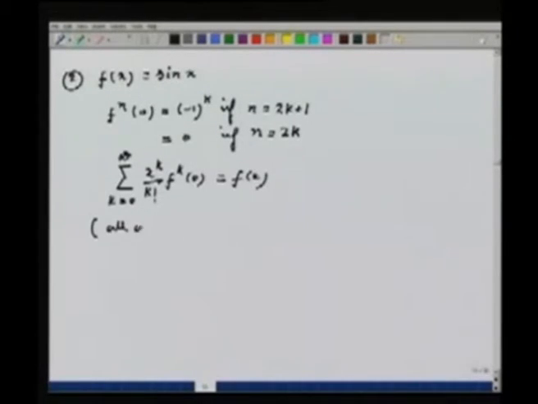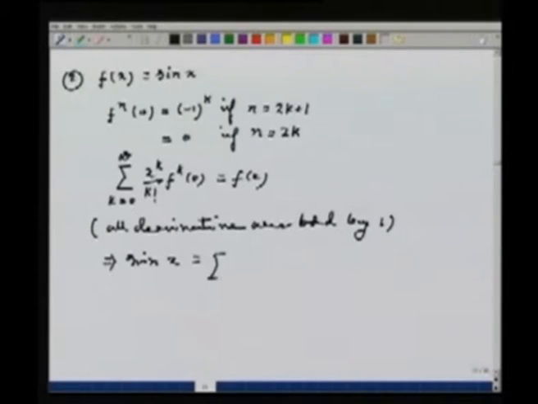All derivatives are bounded by 1. This then implies that sine of x is summation k from 0 to infinity minus 1 to the power k by factorial 2k plus 1 into x to the power 2k plus 1.